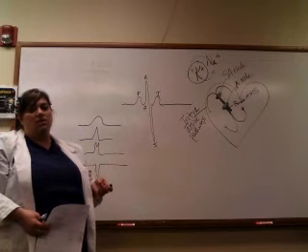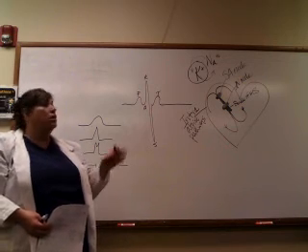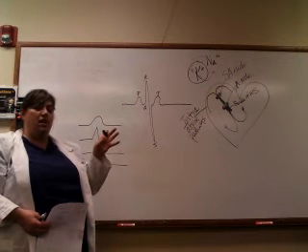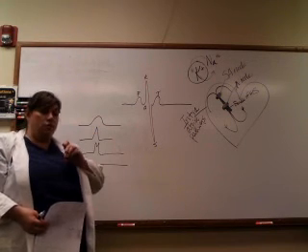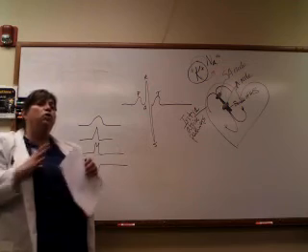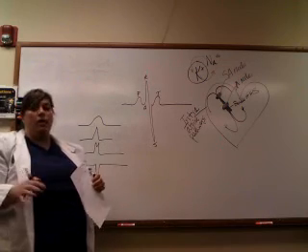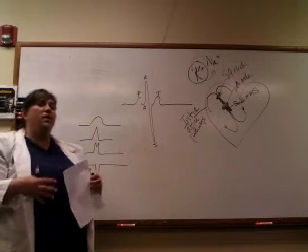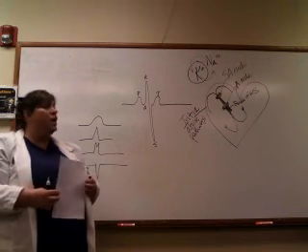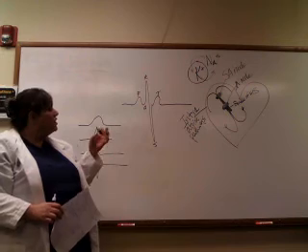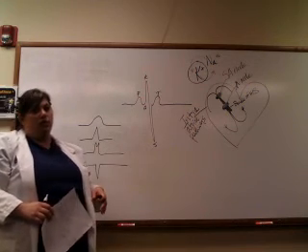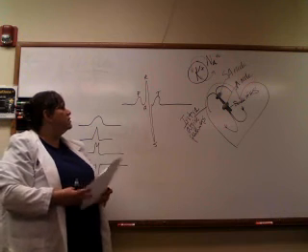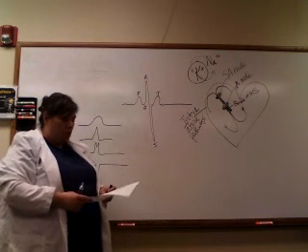It takes more stimulation to move the ventricle than it does the atrium. Remember, the atrium, all it has to do is dump from the atrium to the ventricle. But the ventricle has to push the blood all the way out around the body or all the way through the lungs, wherever it's going. And so the muscle has to be much, much stronger and much heavier, and therefore it takes more to move it. So this will become important as far as repolarization and depolarization, okay?